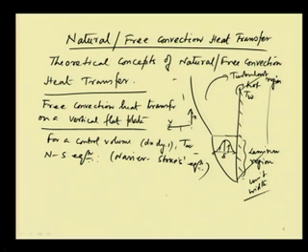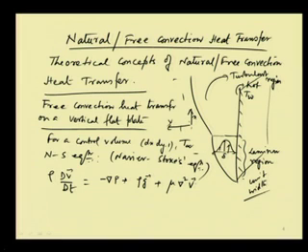The vectorial form of the Navier-Stokes equation is rho dV by dt is equal to minus grad P plus rho g plus mu grad square V. That is a very common form of the Navier-Stokes equation.